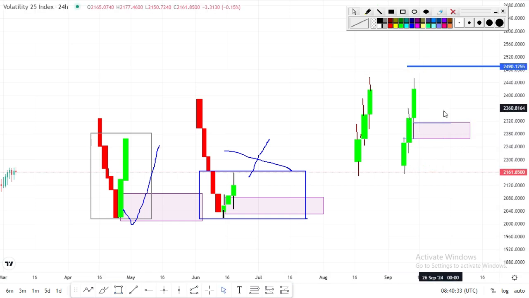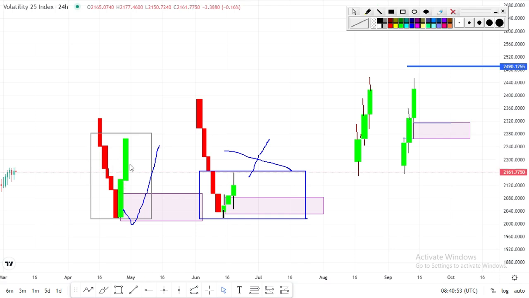This is a gap that the market created, and this gap can easily be created when the price is making an impulsive move like this. So you can see from here, we have the first candle, the second, and the third.